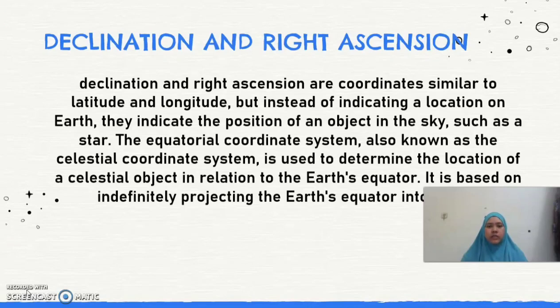The equatorial coordinate system is known as the celestial coordinate system. It is used to determine the location of a selected object in relation to the Earth's equator. It is based on projecting the Earth's equator indefinitely into space. Declination is measured in degrees, minutes, and seconds, and right ascension is measured in hours, minutes, and seconds.